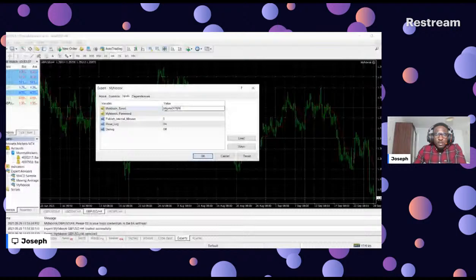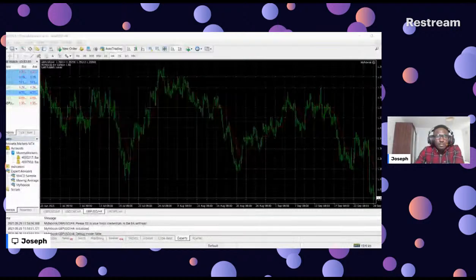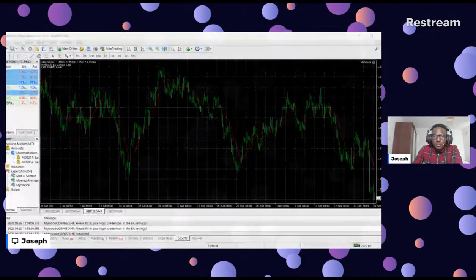Password. Okay, so it looks like the account has been connected.